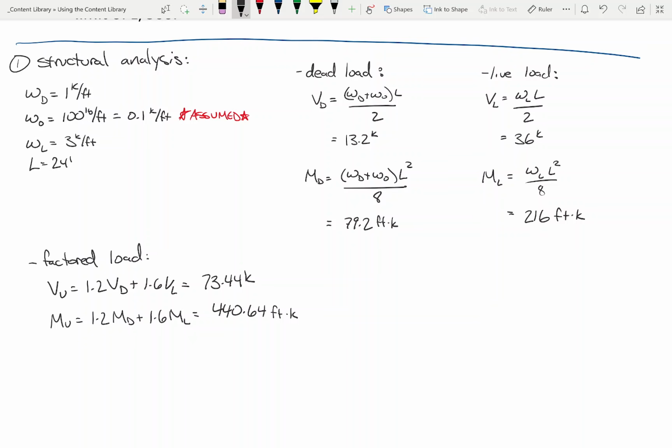Again, I'm hoping this is straightforward. We've been doing this enough by now that I think we can chug through that part pretty quickly. The other thing, and this is the part that's a little new, is our moment gradient modifier, which again, we're going to try and see if we can use table 3.1.